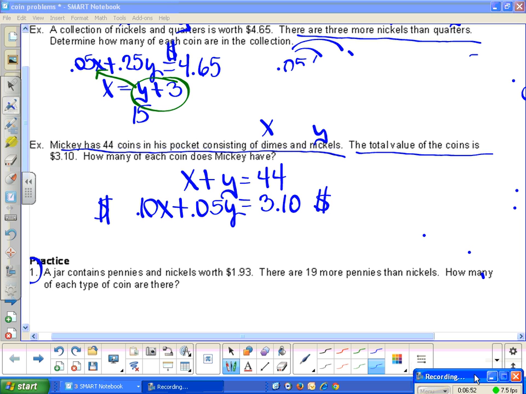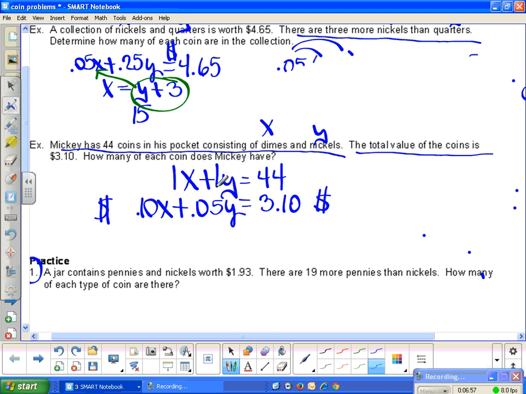What's understood to be in front of this X and this Y? A 1. So if I was going to solve this by elimination, could I simply add those together and cancel out? No. What does this one need to be? If it was going to add and cancel with X, what would that have to be? Yeah, it's going to be the opposite of that, right? Well, whatever this is, that tells you what to multiply by. Multiply the whole thing by negative 0.10 or negative 10 cents.